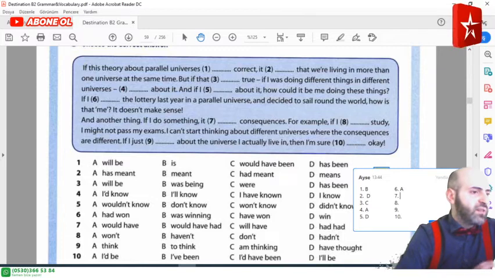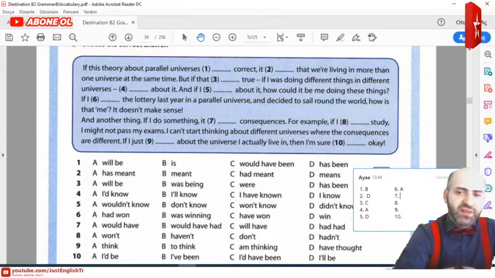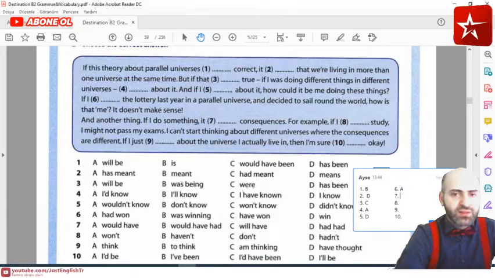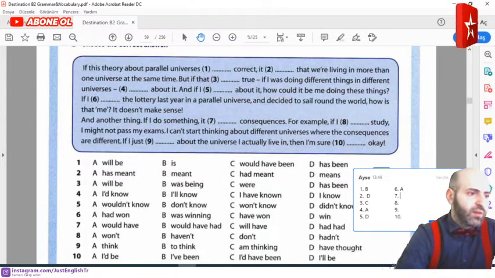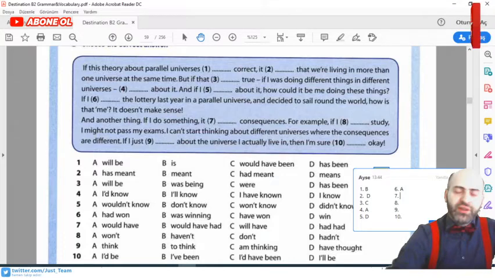For number 6, everyone answered correctly. Now let's see number 7. What do you think? If I do something, it... Vanya thinks C, it will have consequences. Ayşe also thinks C. Good job, Ayşe and Vanya.